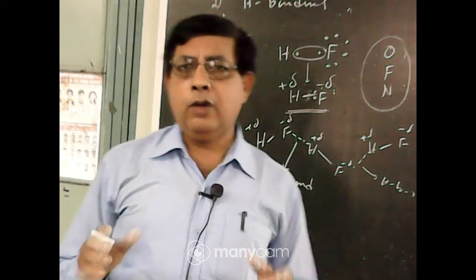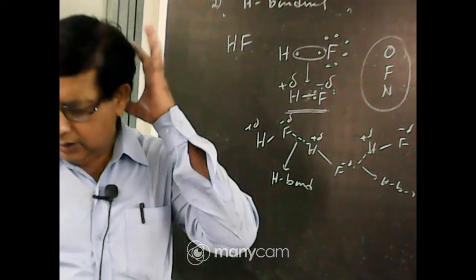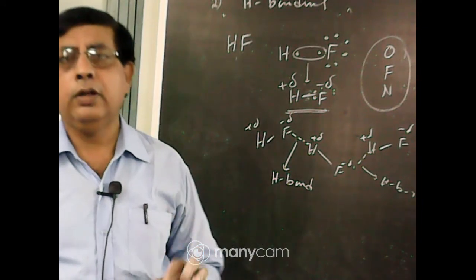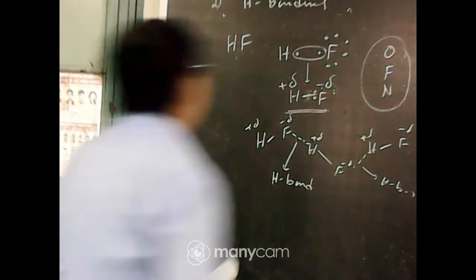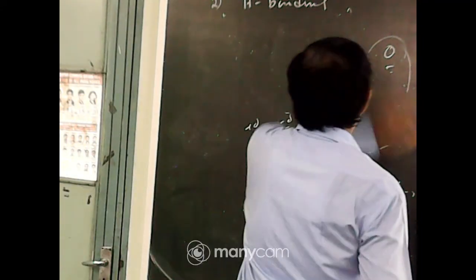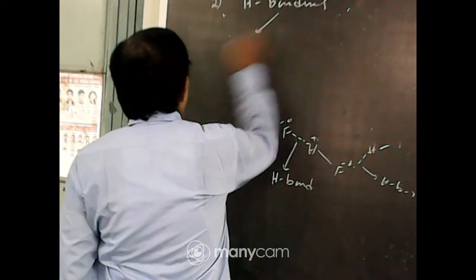Hydrogen bonds are of two types. One is called intermolecular hydrogen bond, another is called intramolecular hydrogen bond.